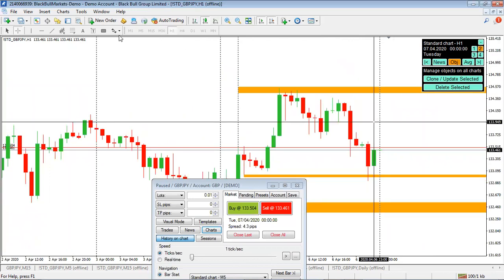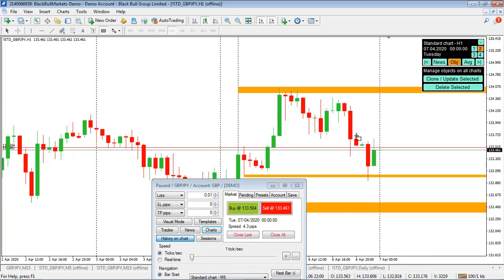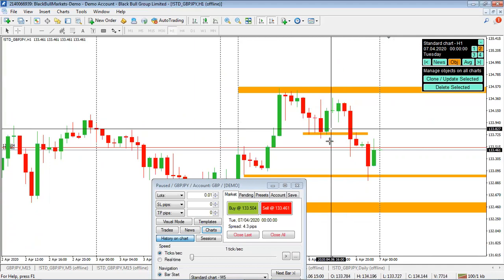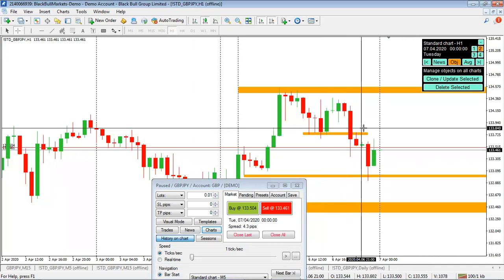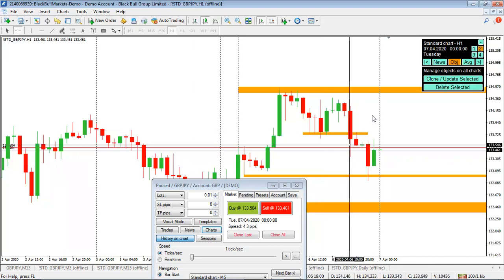So looking at this, just go back a little bit. We somehow crossed this, though it's not enough data for us to base our judgment on, and it's not really something to use for execution, just for information purposes.